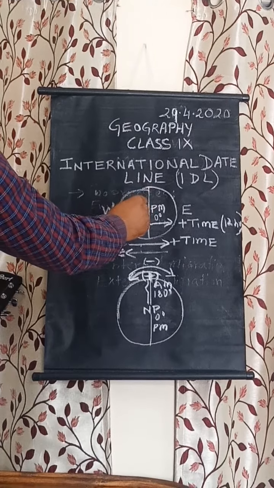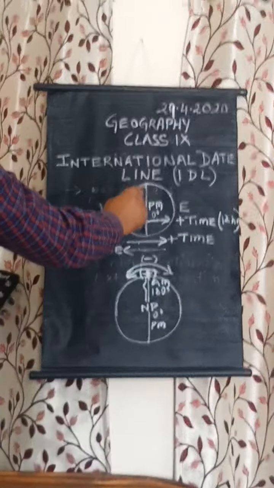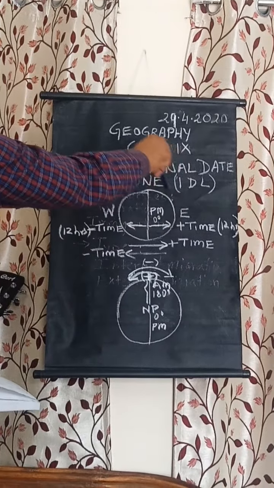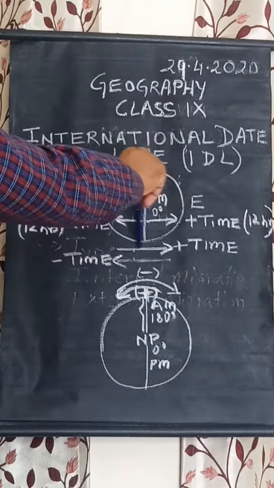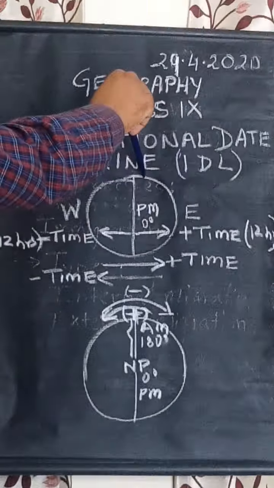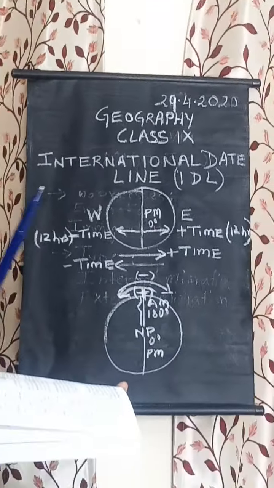Okay? And from the 0-degree prime meridian, you go to the other side of the globe, 180 degrees, it is again 12 hours from this side. So from the west side if you go 12 hours, and from the east side if you go 12 hours, that means 24 hours.